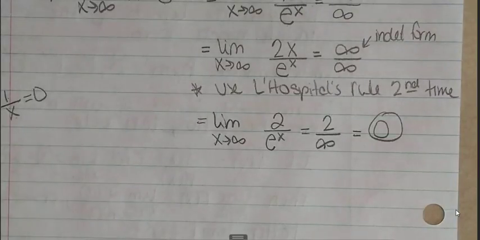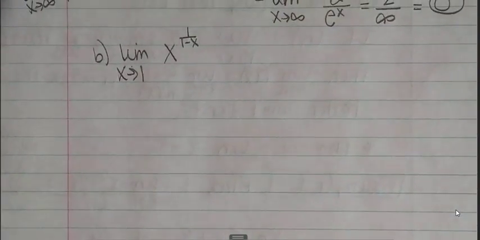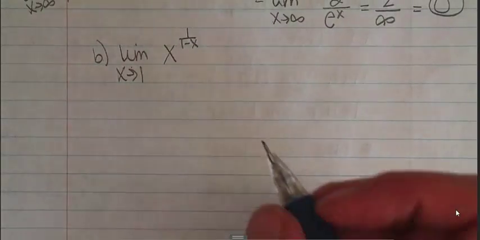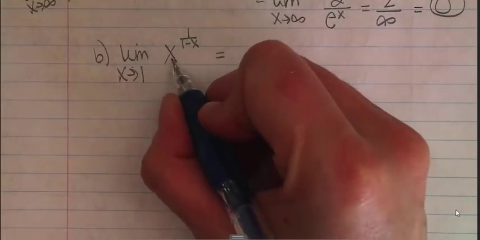All right, let's try another one. That's A, let's do B. So we'll do the limit as x goes to 1 of x to the 1 over 1 minus x power. So going in and trying to evaluate this, I'm going to plug 1 in here.